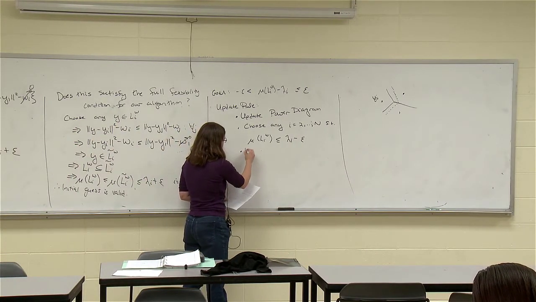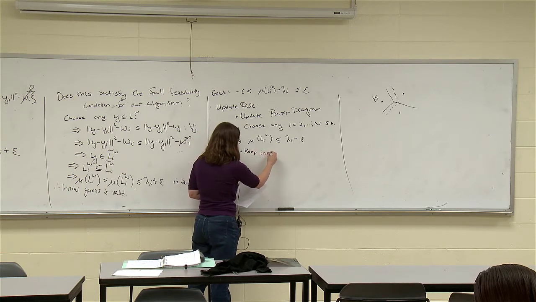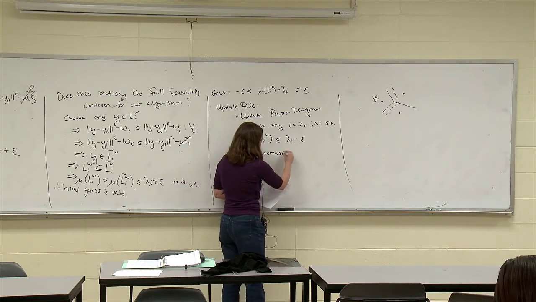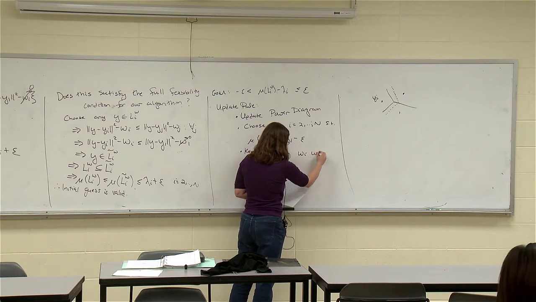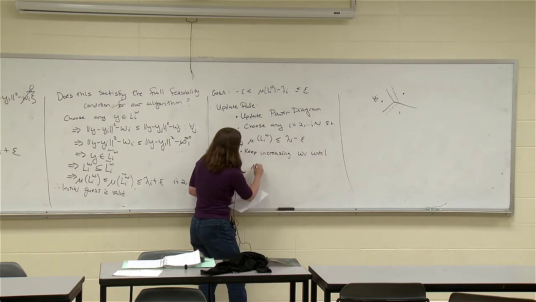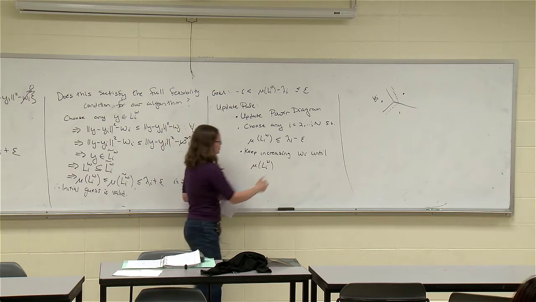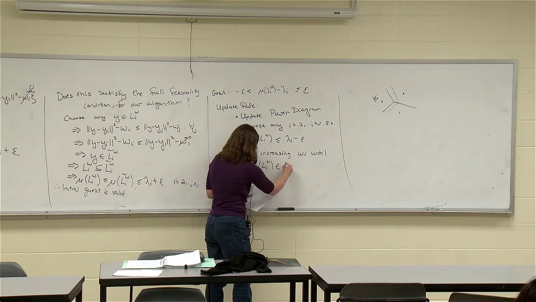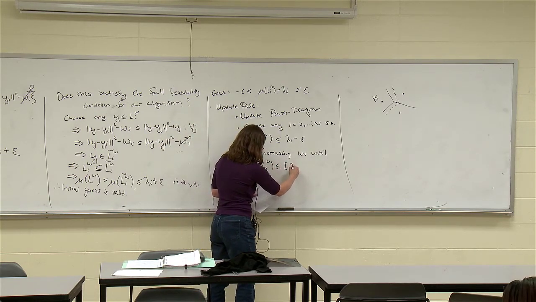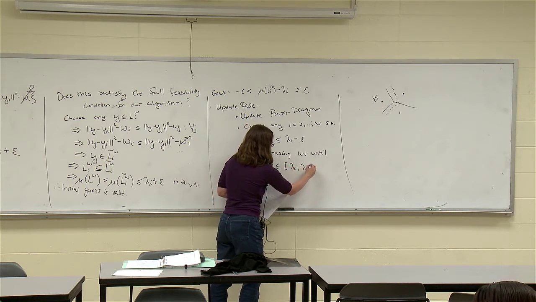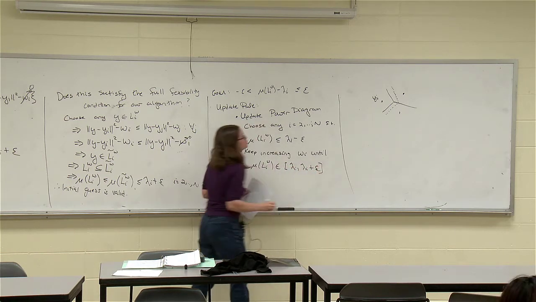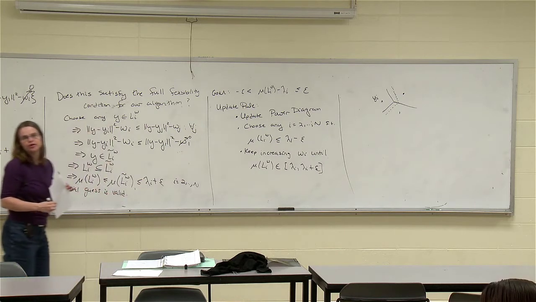So let's keep increasing w_i until the value of the mass in here hits an acceptable level. In particular, we're going to bring it up above lambda, but not too far above, because we're never allowed to go too far above.